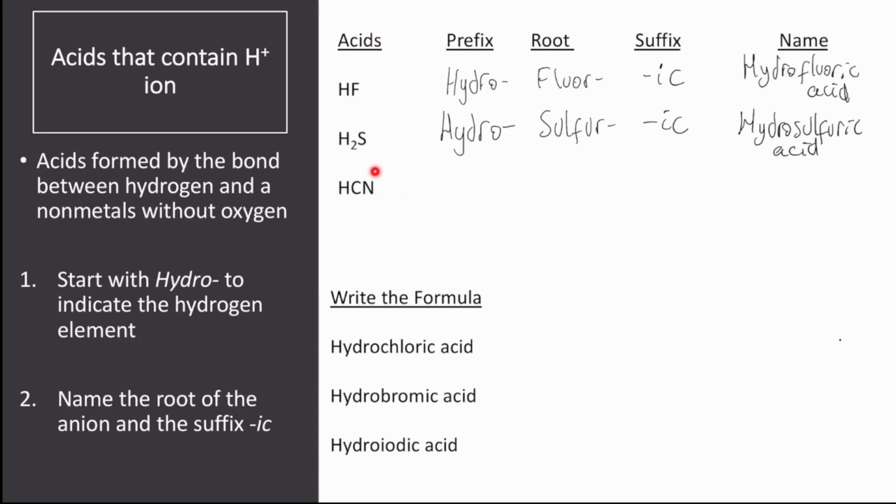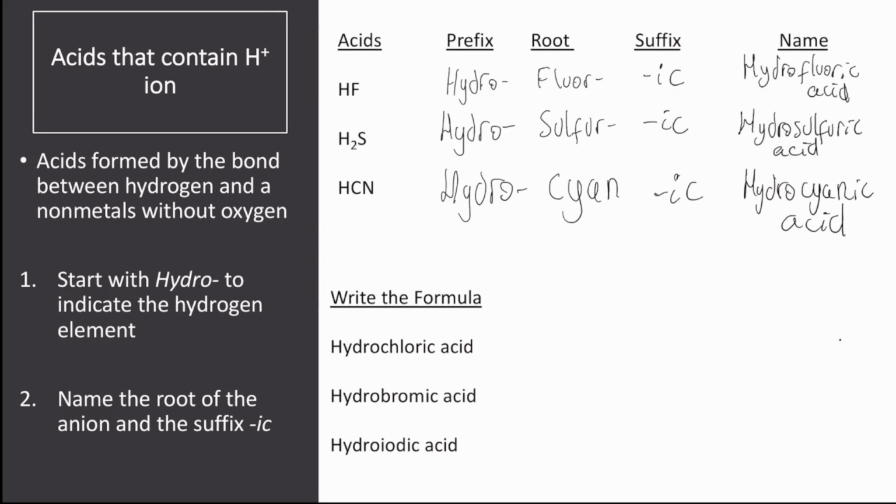So CN is actually a polyatomic ion, cyanide. This follows the same rules. For hydrogen, we put hydro, and the root of cyanide is just cyan. And we put the suffix ic, and putting it all together is hydrocyanic acid.